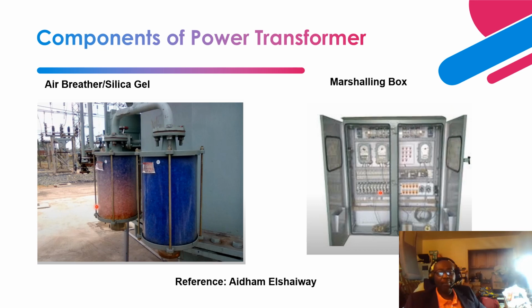Next is the marshalling box, right? Or the control cubicle or control box. This is where you have some of the indicators, winding temperature indicator, oil temperature indicator. Sometimes you can have terminal blocks inside.